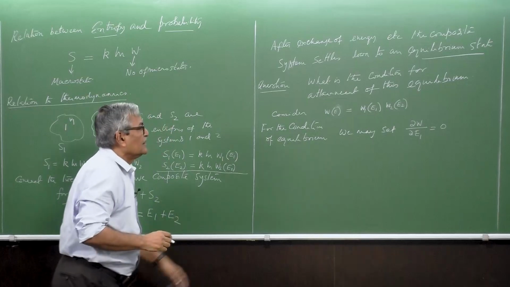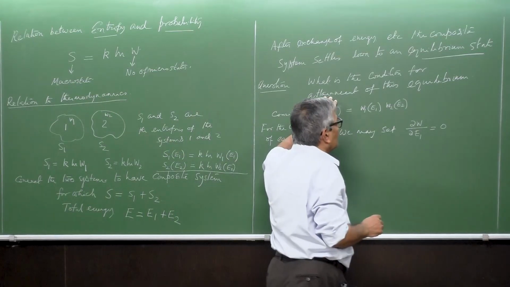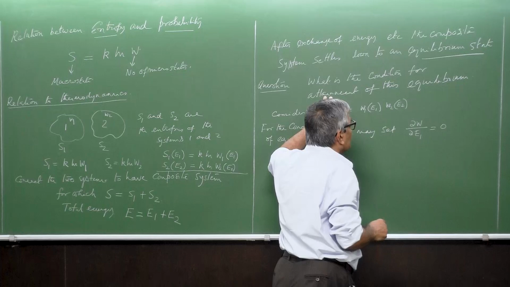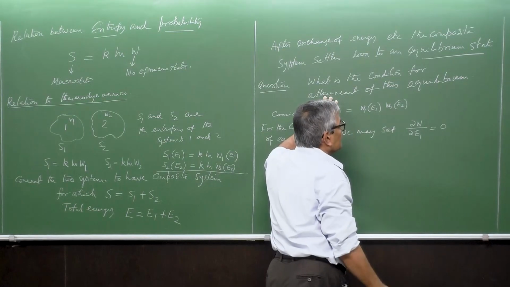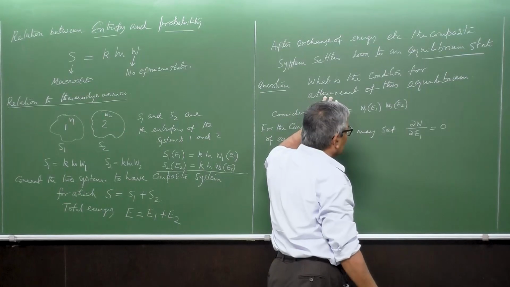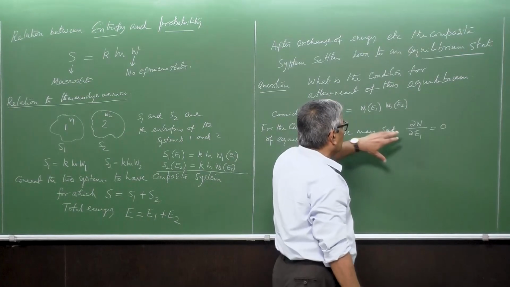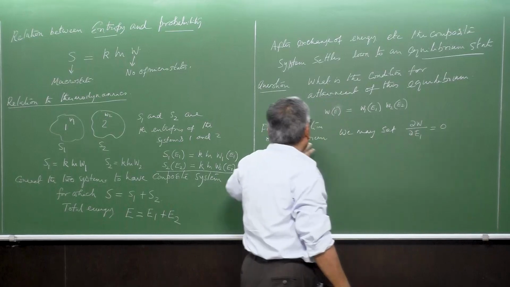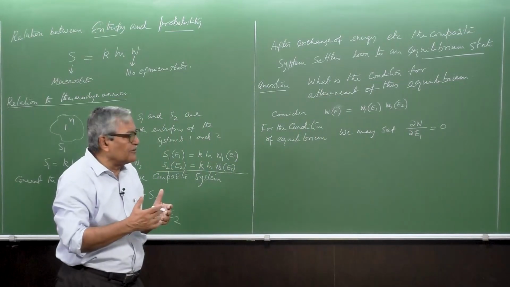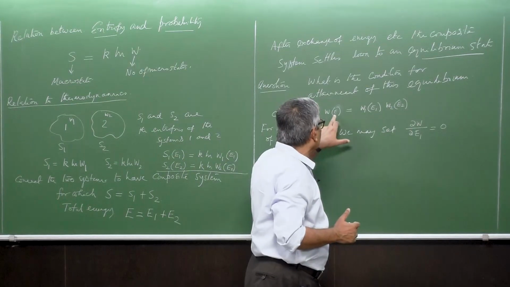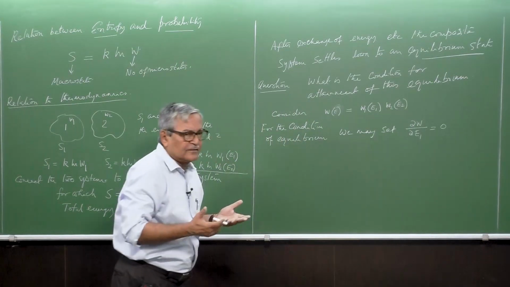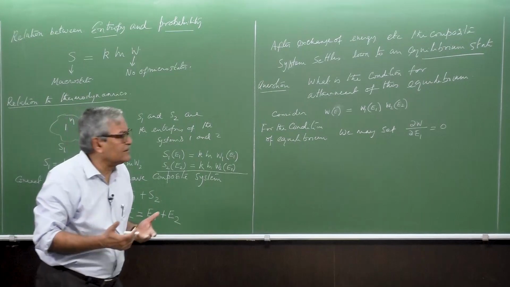That means if we differentiate with respect to E1, that automatically fixes E2, because E1 plus E2 is equal to a constant. Then this condition gives the condition of equilibrium, because at that point W will not be changing. So we assume that there is an equilibrium.